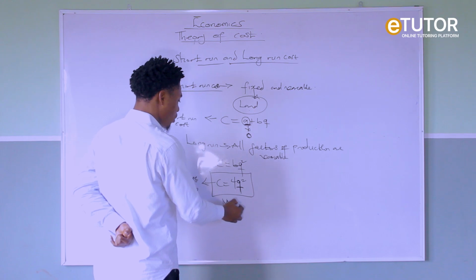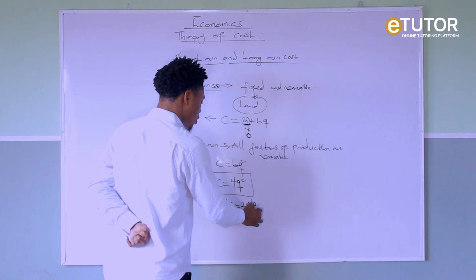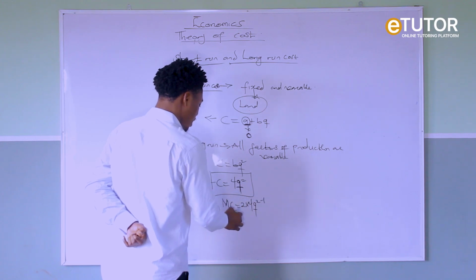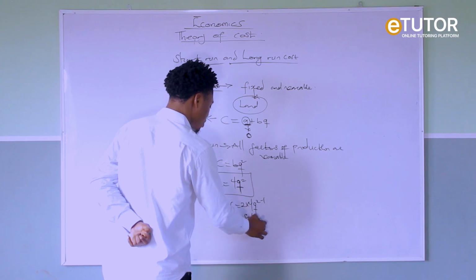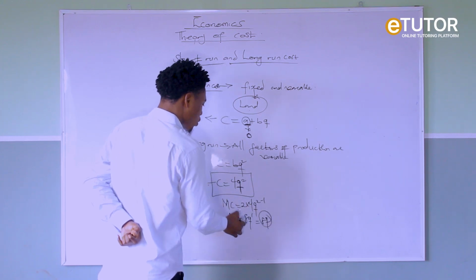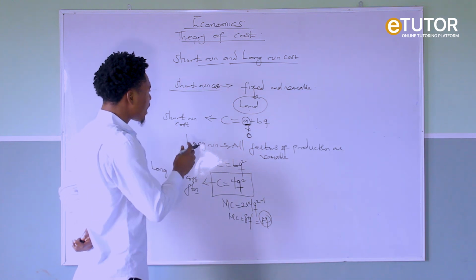My marginal cost here will now be 2 times 4, then Q raised to the power 2 minus 1. So that's MC equals 8Q raised to the power 1, which is 8Q. So that is my marginal cost from this function.